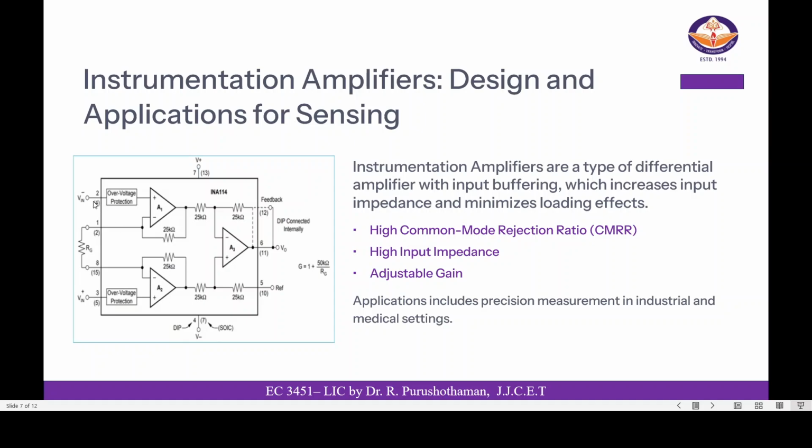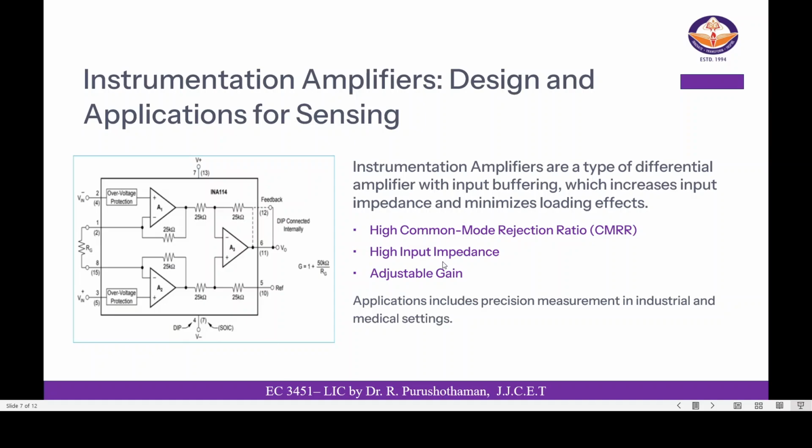This is the input given to the operational amplifier A1, and this is one more inverting input given to the operational amplifier A2, which is coupled here by using the resistor, and the output here is again coupled to the input part of A3, that is one more amplifier. This is the output part V0.